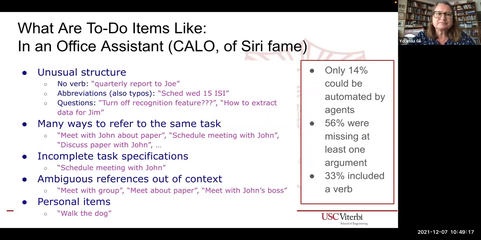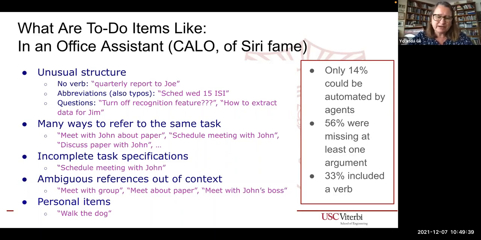Next slide. So the kinds of tasks that are in to-do lists are very, very interesting. We had some examples from office environments that we collected. So they have a very unusual structure. Sometimes they don't have a verb. Sometimes they are questions.